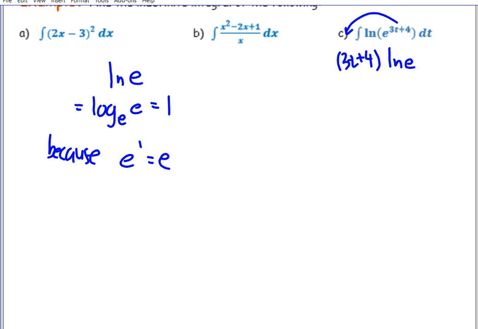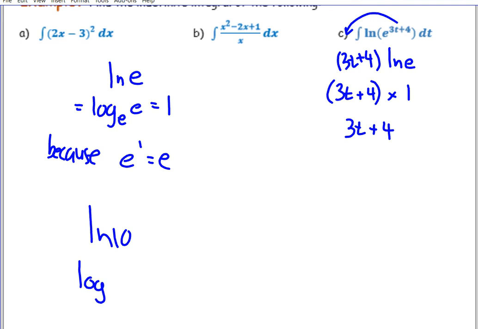What would ln 10 be in log form? That would be log e of 10, so e to the power of 1 equals 10, which is a harder one to do, whereas e to the power of 1 equals e is an easy one.